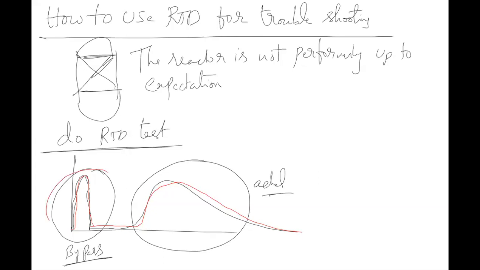This small peak is an indication that you have a bypass in the reactor. Bypass means some channeling has happened inside the reactor, so fluid particles are bypassing the catalyst bed. That is why your reactor is not performing up to your expectation. So this RTD can be used for troubleshooting inside the plants also. Clear?